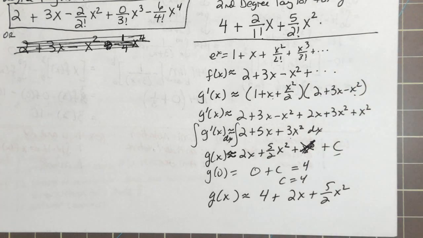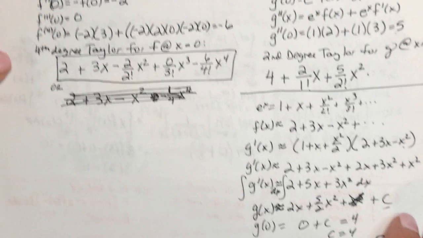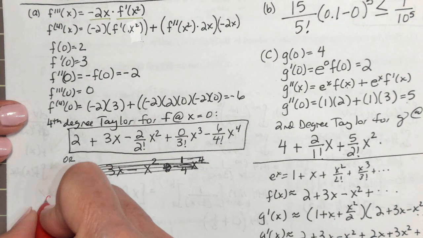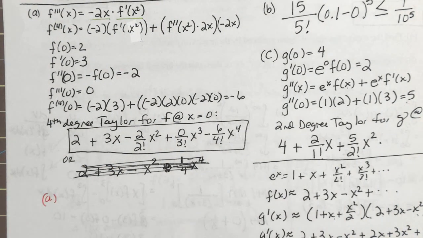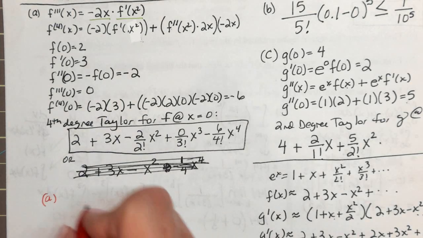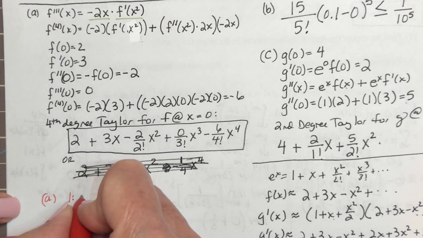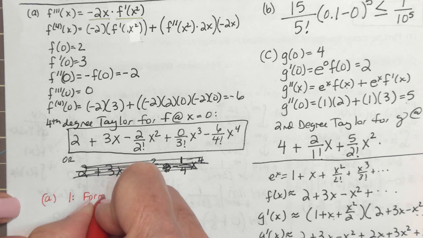Okay, how did they score this? Part A was worth 4 points. 1 point for the form of product rule.